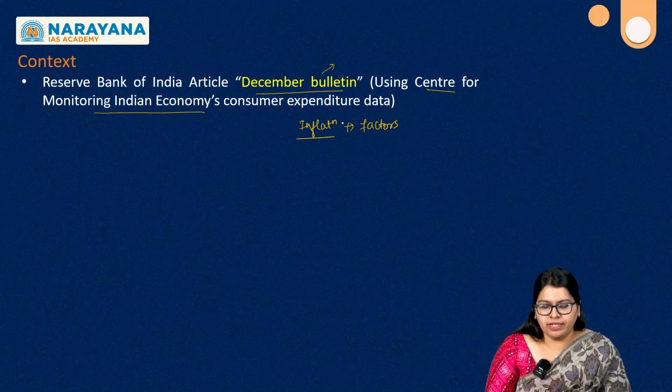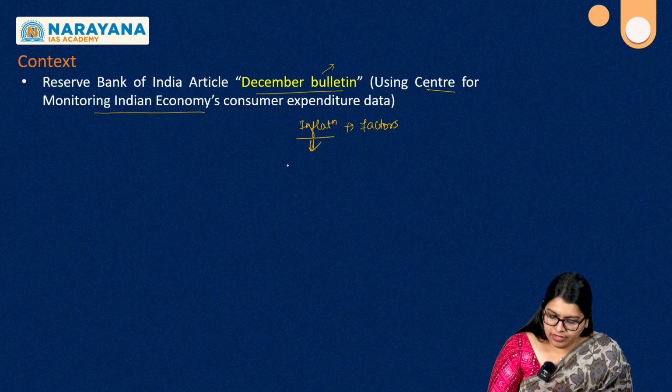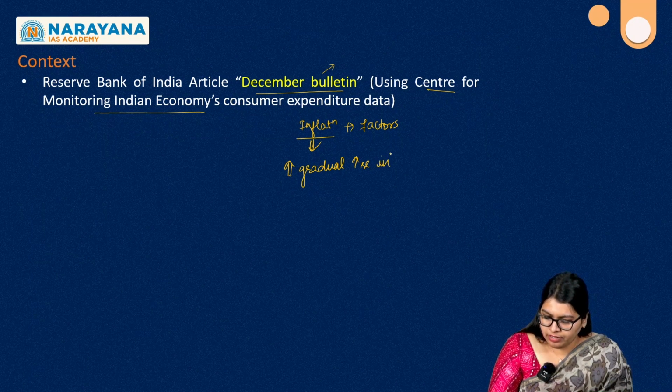So what do you mean by inflation? Inflation is the gradual increase in the general price of goods in an economy.